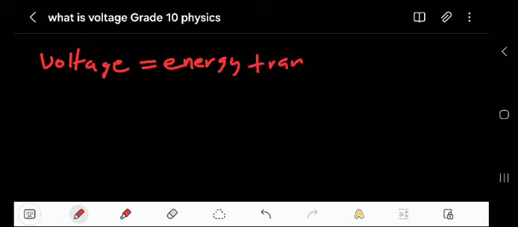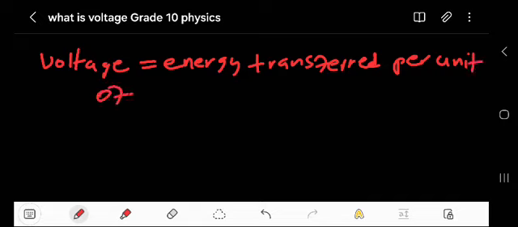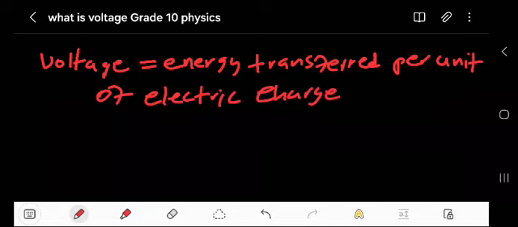Voltage is simply equal to the energy transferred per unit of electrical charge, right?